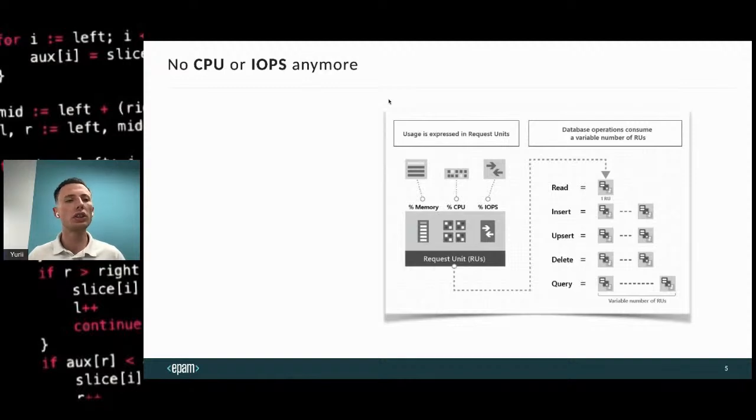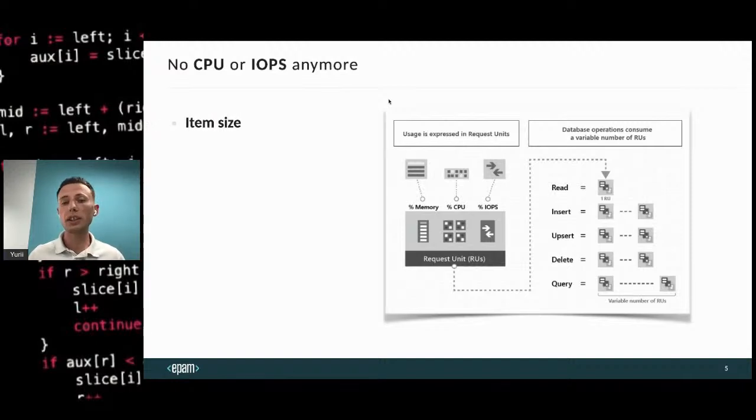If you read, it can take a different number of request units, and let's take a look at what we can improve when we are talking about the cost of the operation.